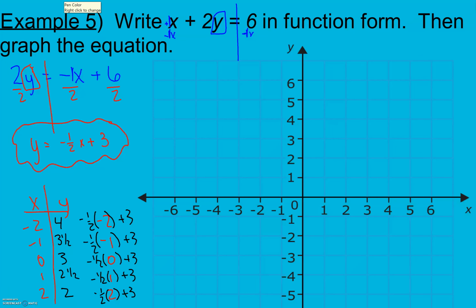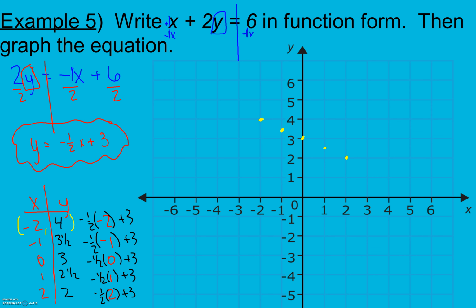Now I can graph. So at negative 2, 4, I have a point. Remember, these are ordered pairs. At negative 1, 3.5. At 0, 3. At 1, 2.5. And at 2, 2.